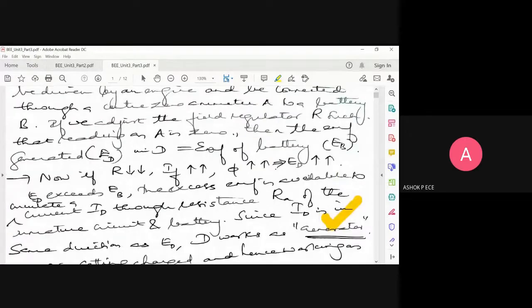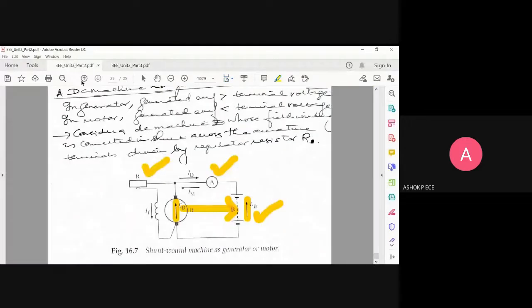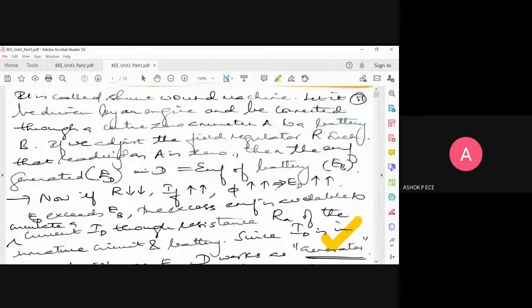Are we able to understand what I say? In the normal condition, the EMF inside the armature ED will be equal to the battery EMF. Assume it is starting like that. Now I am going to reduce the resistance. When I reduce the resistance, the field current is going to increase. When the field current increases, the conductors will receive more flux.